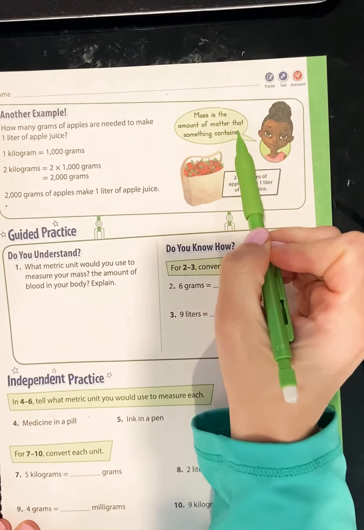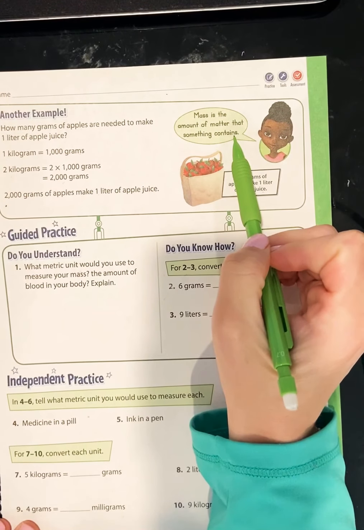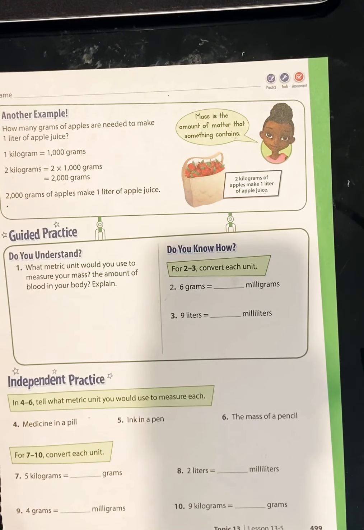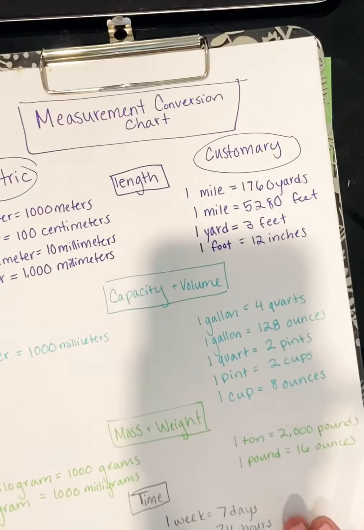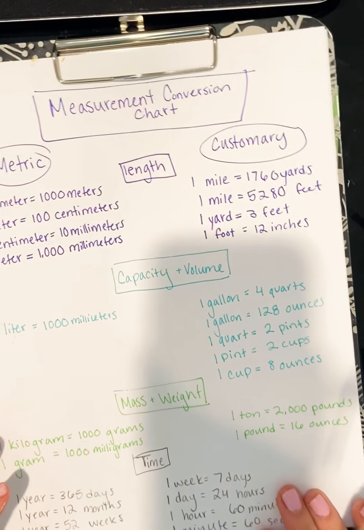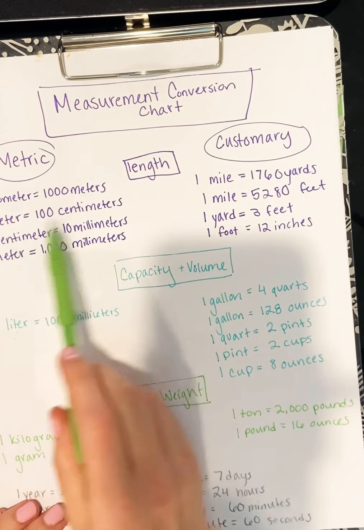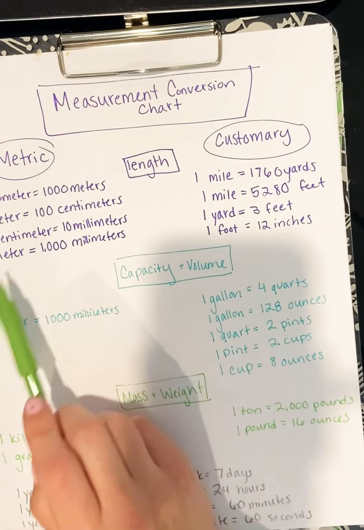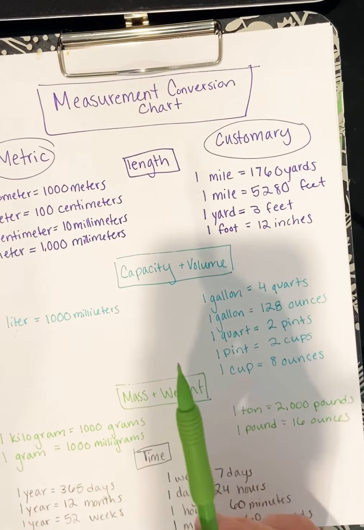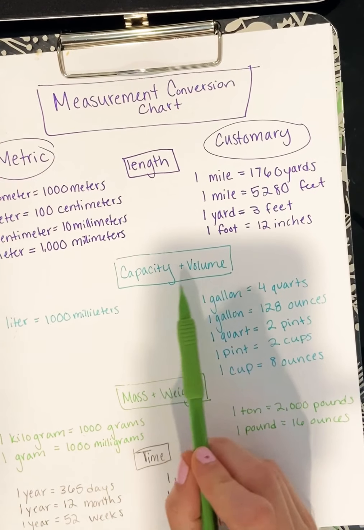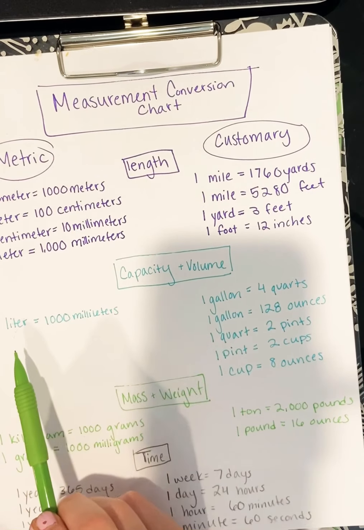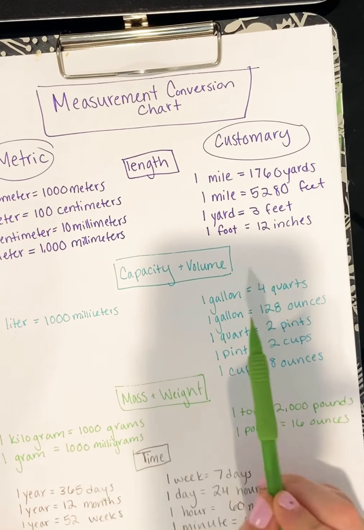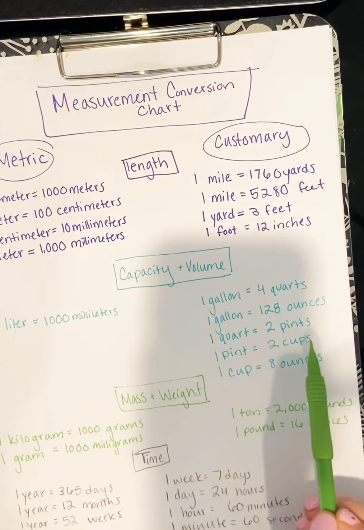Mass is the amount of matter that something contains. We're going to have to think about our metric units and what they're used to measure. Looking back at our anchor chart, we've got distance or length, so you would use kilometers, meters, centimeters, miles, yards, feet. When you're talking about capacity and volume, usually liquid or air, you're going to use liters, milliliters, gallons, ounces, quarts, pints, cups.